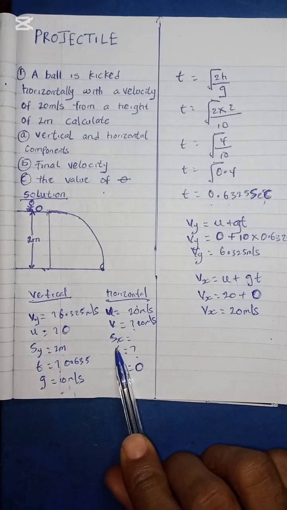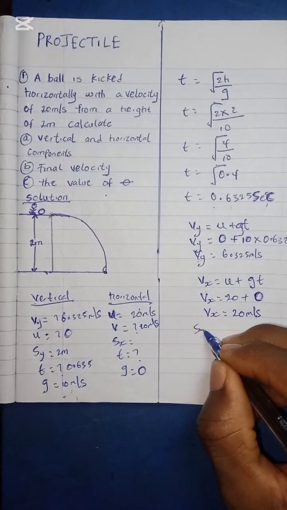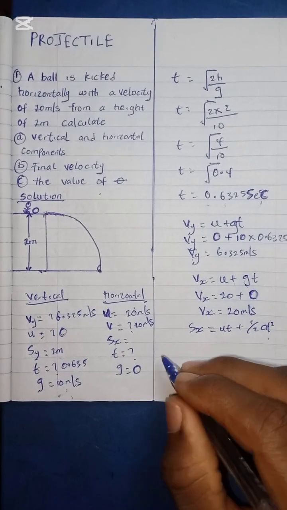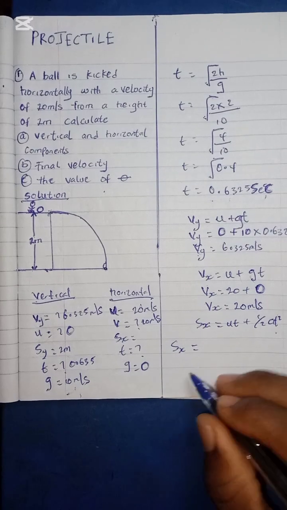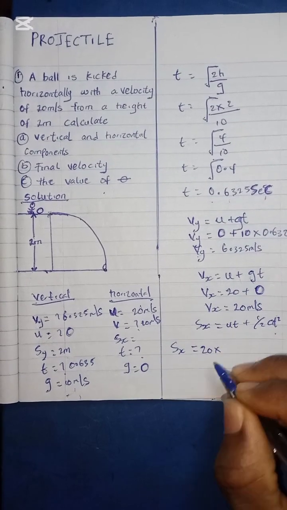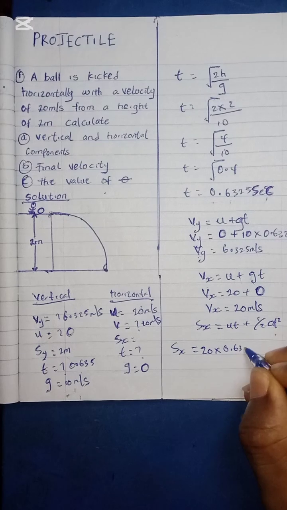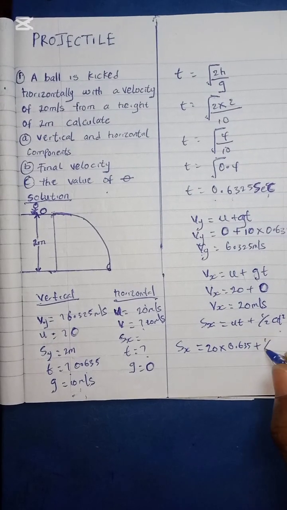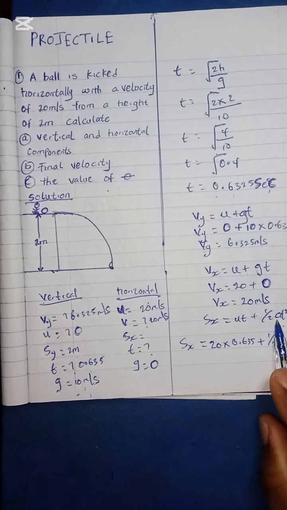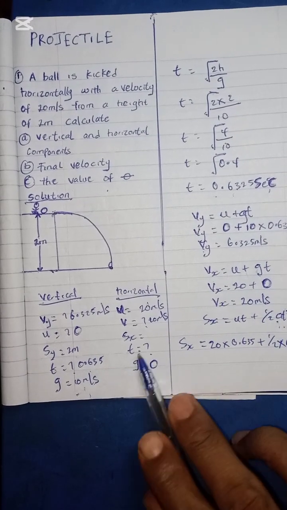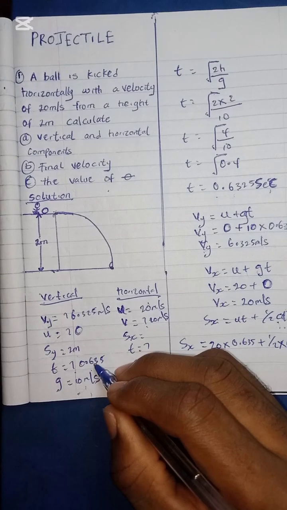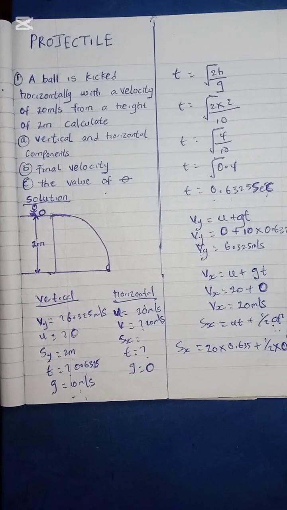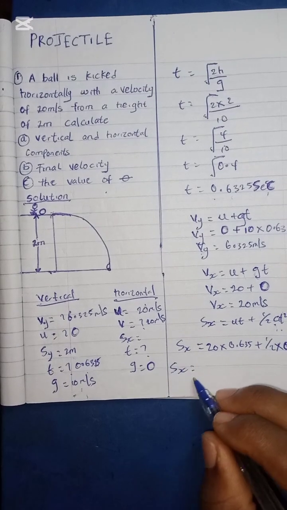So now let's find our horizontal distance. We have x is equal to ut plus half at squared. So x is equal to 20 times our t, 0.6325, plus half times our acceleration, which is 0, times t squared.